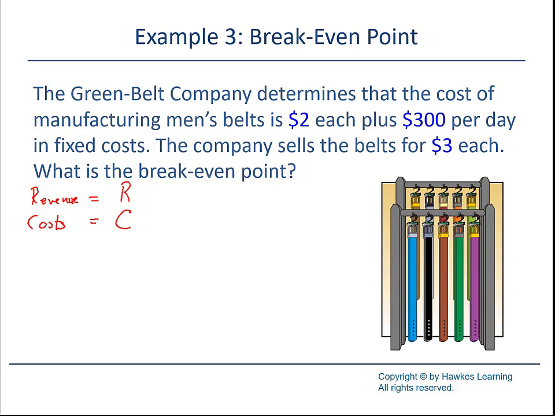Now, the break-even point means where do we break even? When does the revenue equal the money we're writing checks for? Another way of writing that same thing is, if I take the revenue, the money coming in, subtract what I have to pay, what we end up with is the profit.